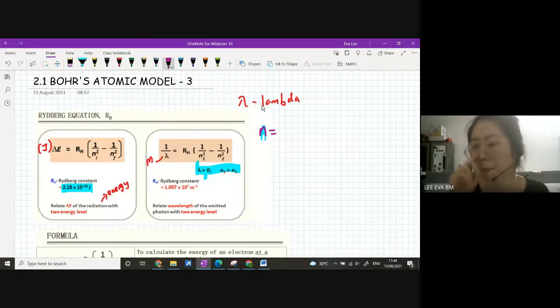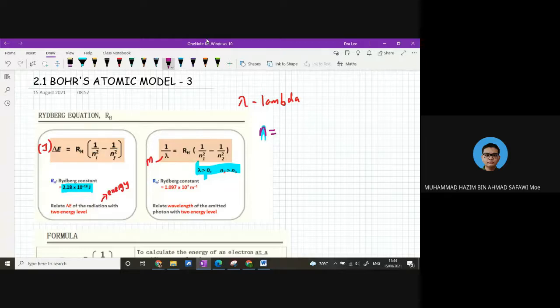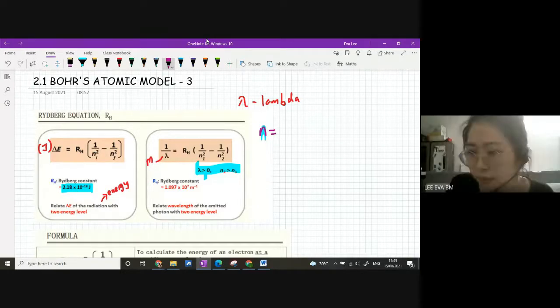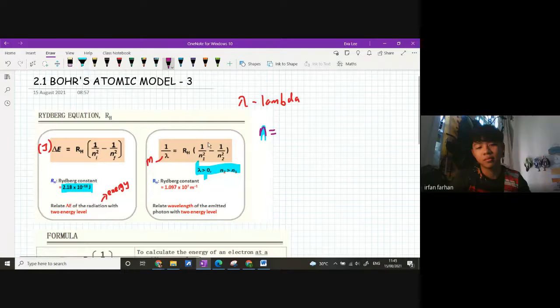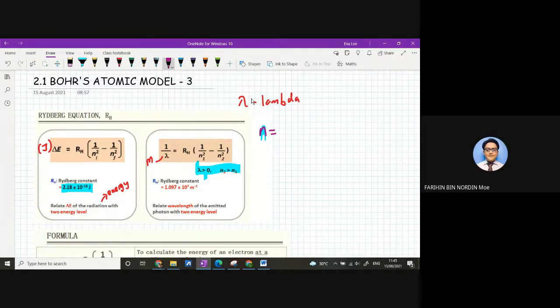Yes. Any questions? Madam, line dia slow ni. Kenapa ya? Line dia slow ni. Saya tak dapat dengar apa-apa. Tak dengar apa-apa. Kita orang dengar. Sekarang dapat tak? Terus dengar je.